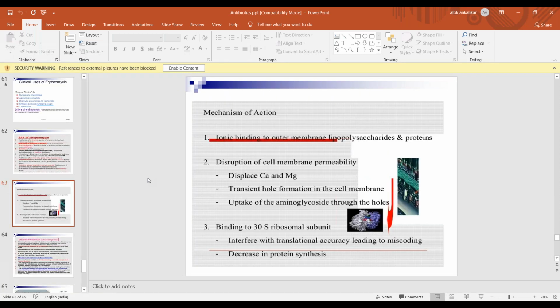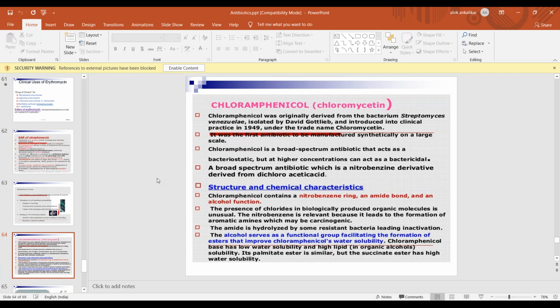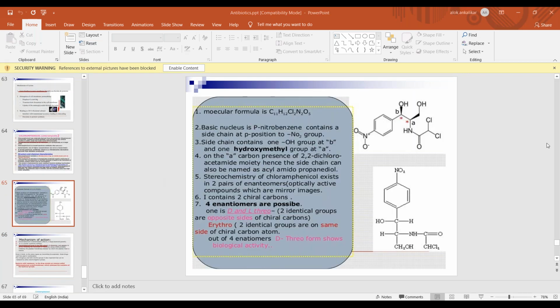We now come to the miscellaneous antibiotics, that is chloramphenicol and clindamycin. This is the structure of chloramphenicol.